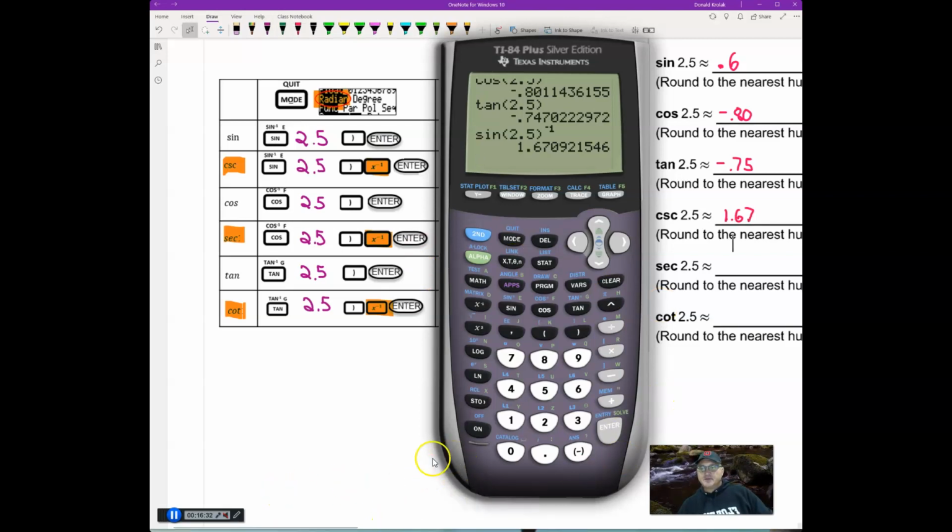Okay, for secant, I'm going to go cosine 2.5, reciprocal, enter, negative 1.25 because of the 8. And then the last one, tangent 2.5, reciprocal, enter, negative 1.34. The 8 would round this 3 to a 4. And there you have it.